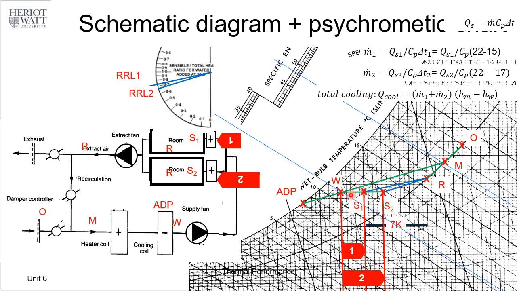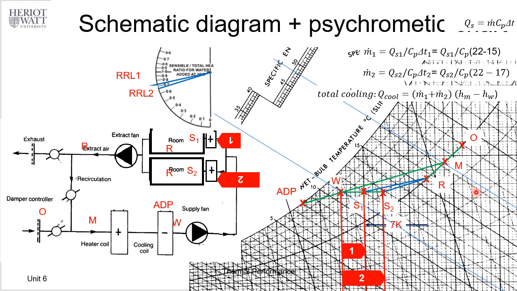There's another way to calculate this, by calculating the sensible temperature change from here all the way down to the W. So you have the sensible cooling load first, and then you can calculate the moisture content change to this moisture content, so you calculate the latent heat.